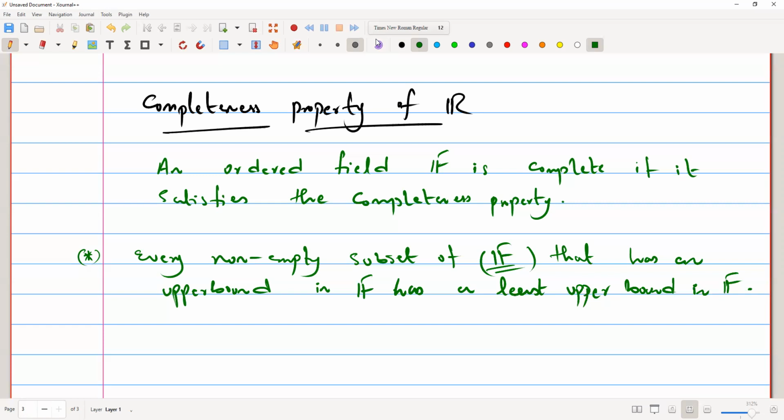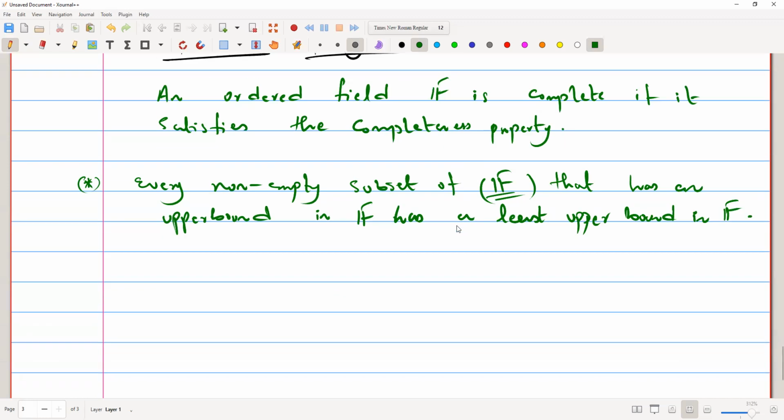Any complete ordered field is called an Archimedean field, and we can see that the field of real numbers is a complete ordered field. So think about R, and take any interval in R, for instance 2 and 3.